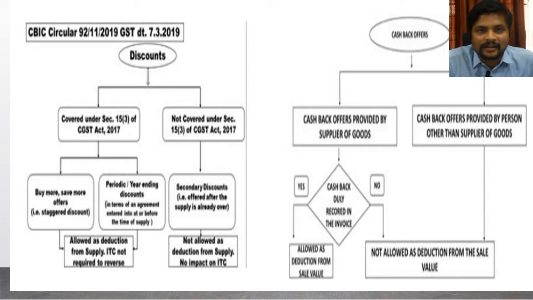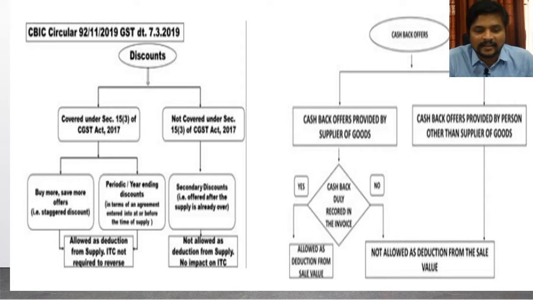For example, a clearance sale, 50% clearance sale, whatever the case may be. So section 15 subsection 3 applies to these types of discounts, and the discount will not be included in the valuation.